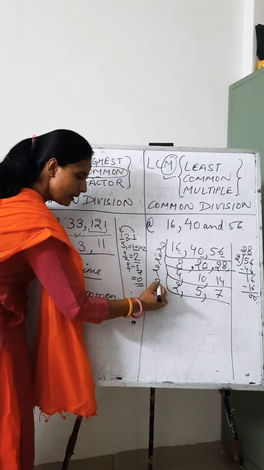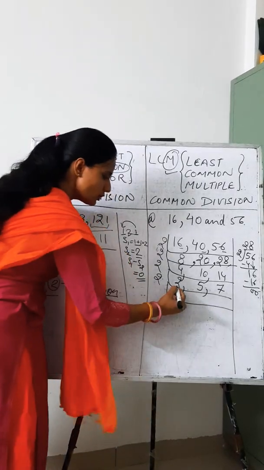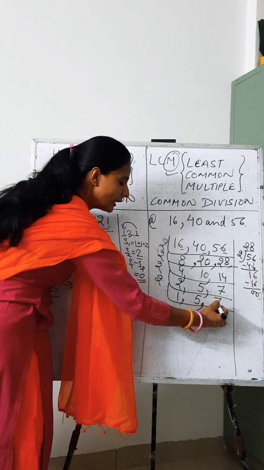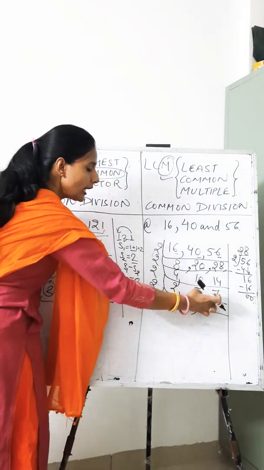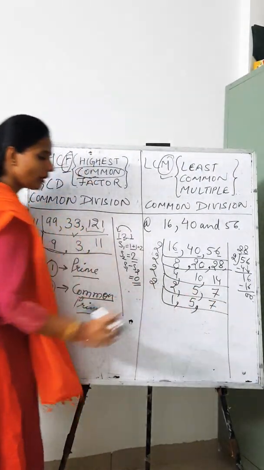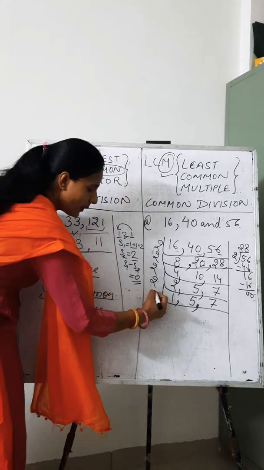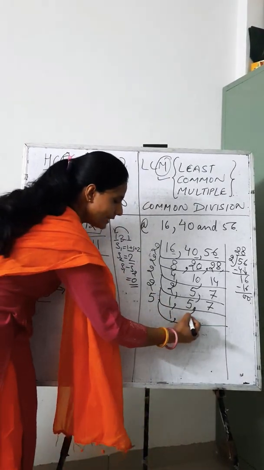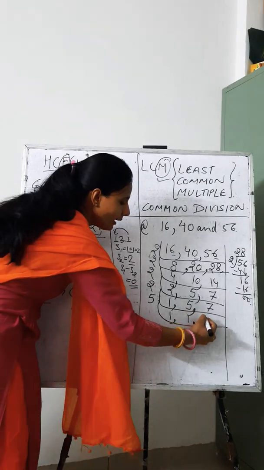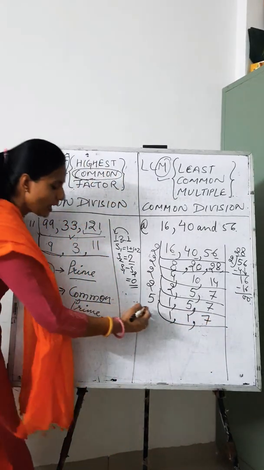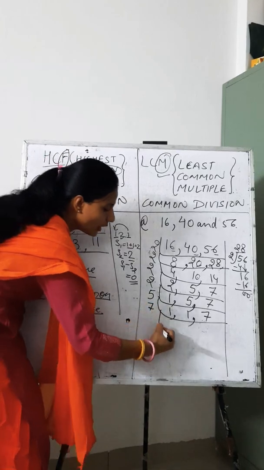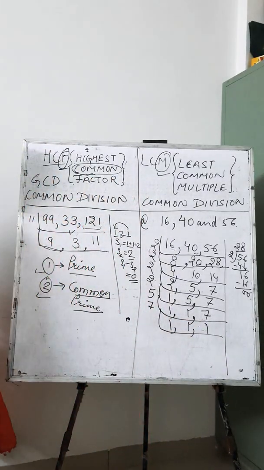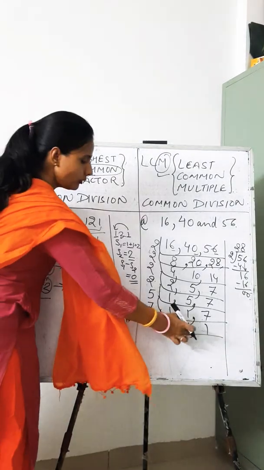And then again 2 1s are 2, but 5 is not coming in the 2 table, and 7 also, so I have to copy down these numbers as they are. Because in the LCM you have to keep in mind that you have to stop your journey at 1, 1, 1. Alright, so here I got these 1, 1 and 1.